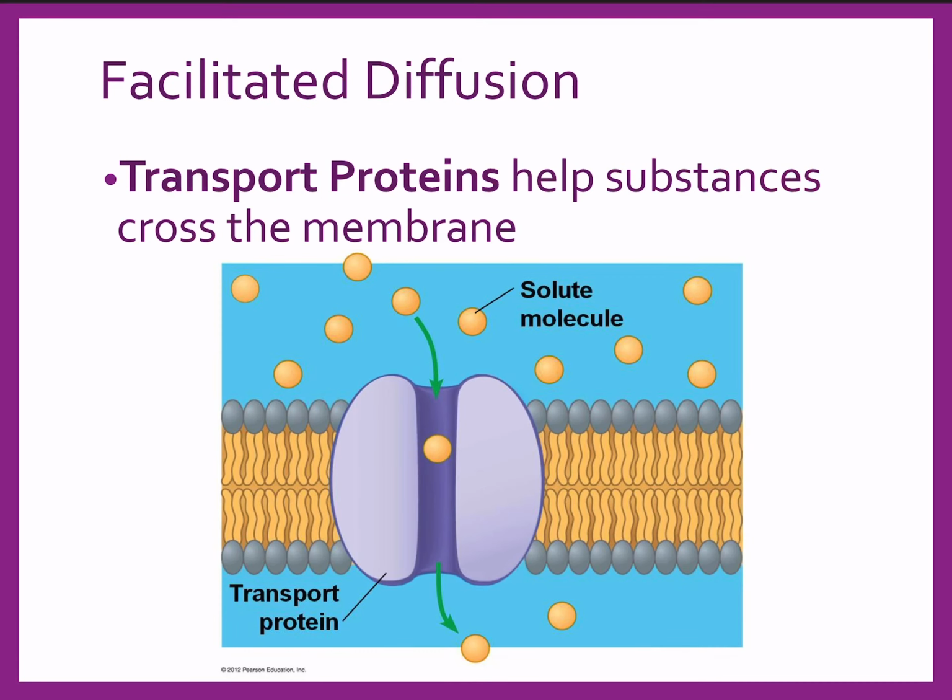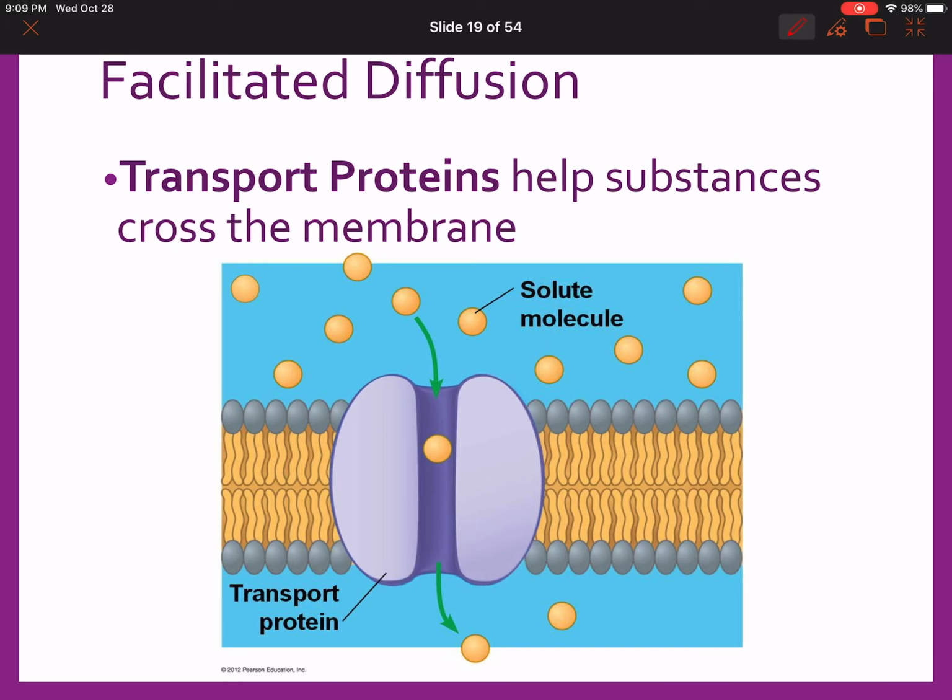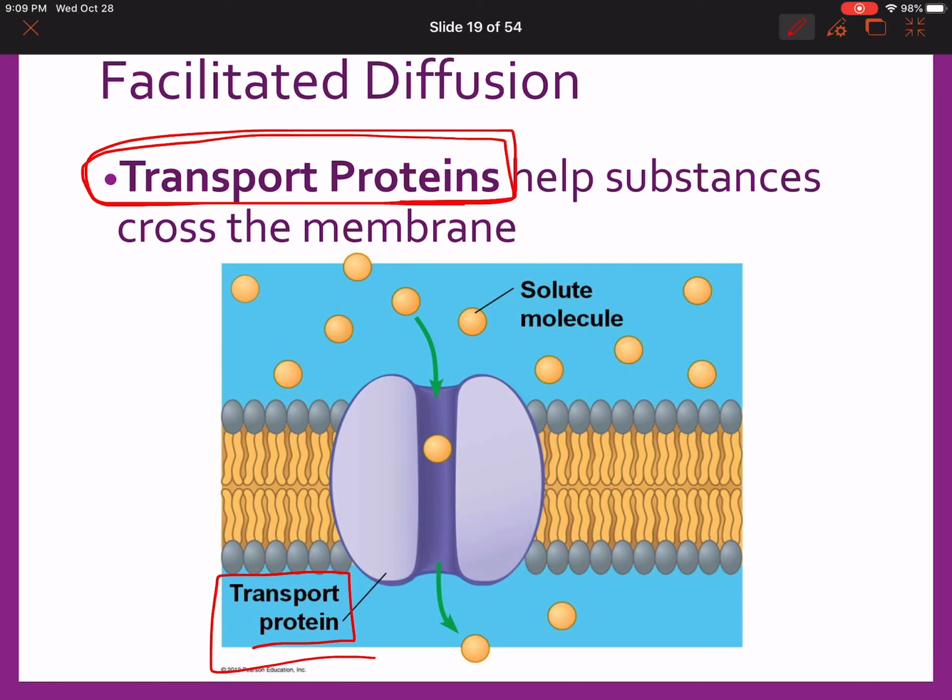So yes and easy, not a chance, kind of, right? Now, for the kind of and for the not a chance, you need transport proteins. A transport protein is a protein in the membrane that somehow helps molecules get across. This is called facilitated diffusion.